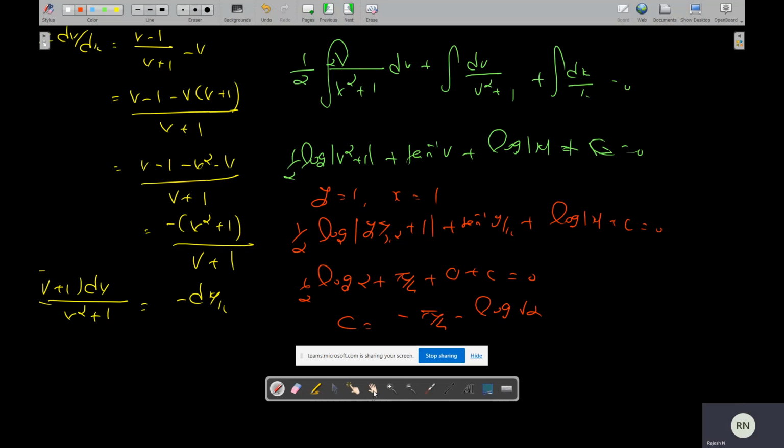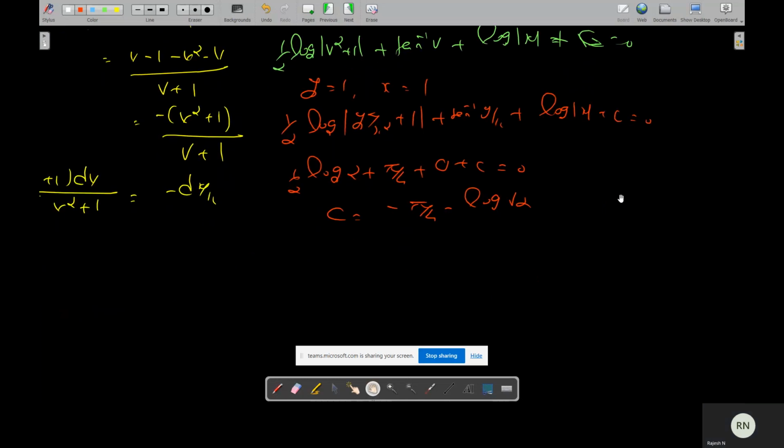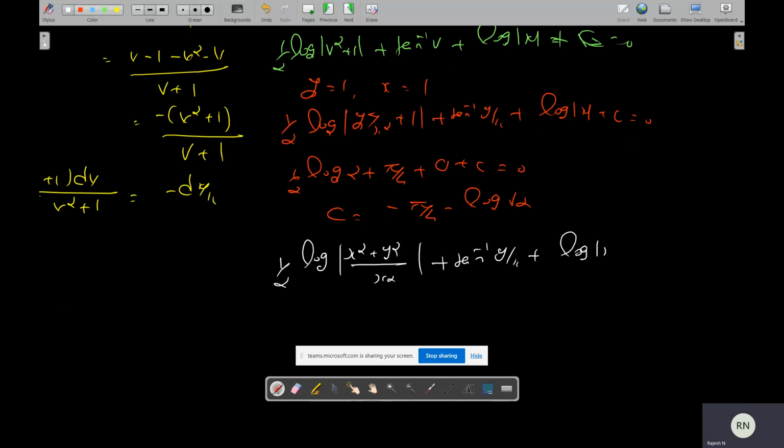So now you have to find out the answer. Final answer is half log (x squared plus y squared) by x squared plus tan inverse y by x plus log modulus x minus pi by 4 minus log root 2 is equal to 0.